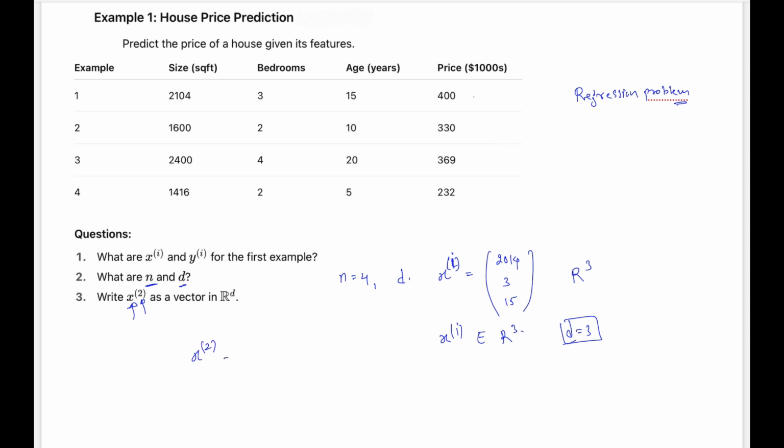It will be an input vector with 3 components, for the second example. The size of the second house is 1600 square feet, the number of bedrooms is 2, and how old the house is: it is 10 years old.